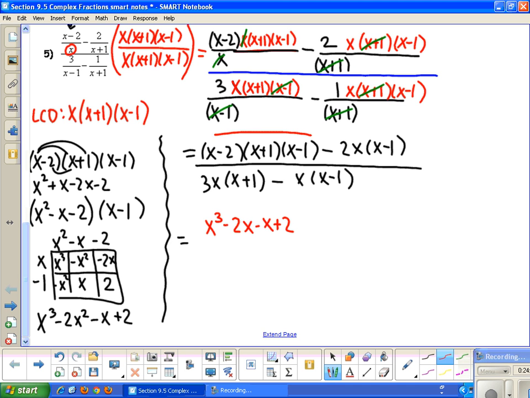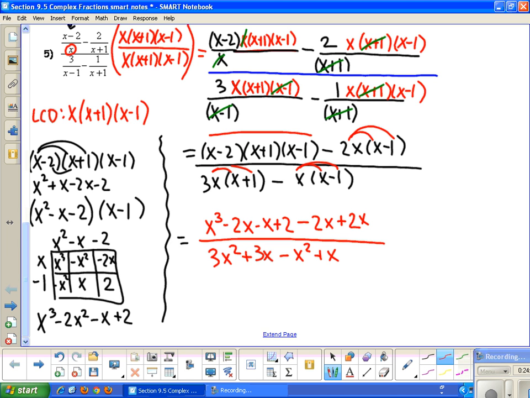So I just did this whole FOIL part out right there. So now I got to distribute the negative 2x to each term. So minus 2x and then minus 2 times negative 1 because positive 2x over, and now I need to distribute my denominator. So 3x squared plus 3x, and then distribute the negative x, so minus x squared plus x.